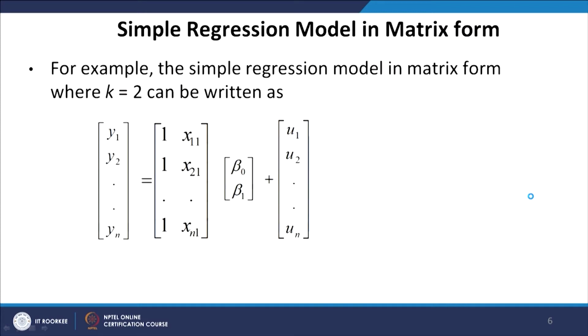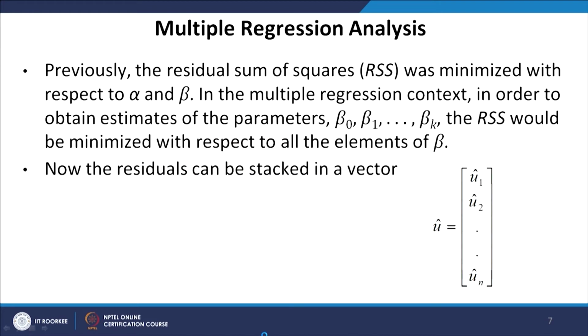Now, if we try to draw an analogy between this k plus 1 variable case and the 2 variables case, that is, when k is equal to 1, in totality we have only 2 variables. In that case I have one independent variable, the vector of parameters is beta naught, beta 1, which is actually our original alpha and beta, and then we have a vector of the error terms.